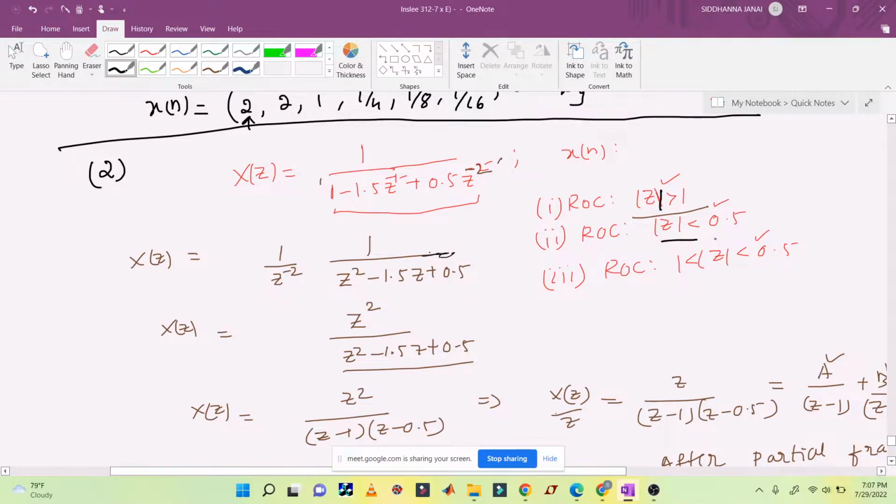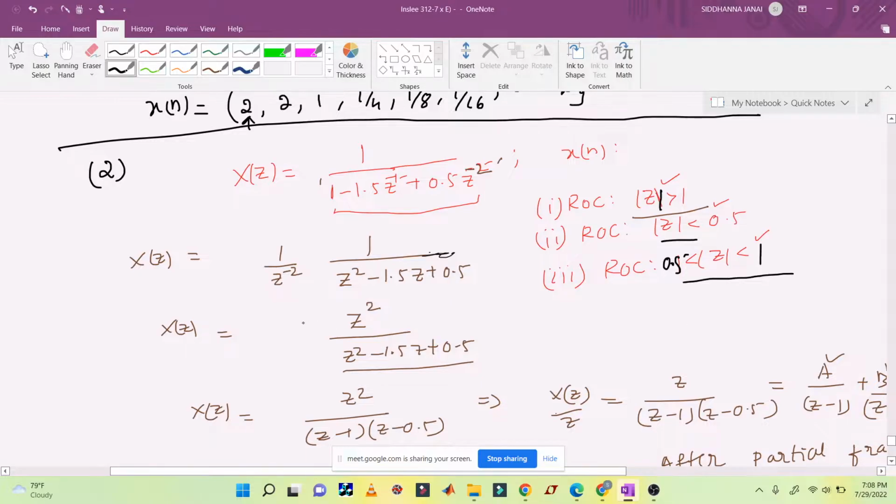Second, ROC |z| less than 0.5. Third condition, |z| greater than, sorry, I made a mistake here. |z| is greater than 0.5 and less than 1. This is the condition. So for these ROCs we need to find the inverse Z transform.